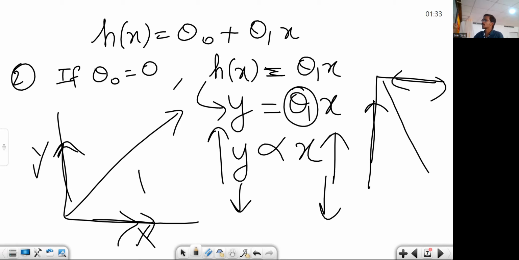This is the first quadrant, and this is the third quadrant. So first and third quadrant. Okay, this is just in terms of plotting that we are seeing.